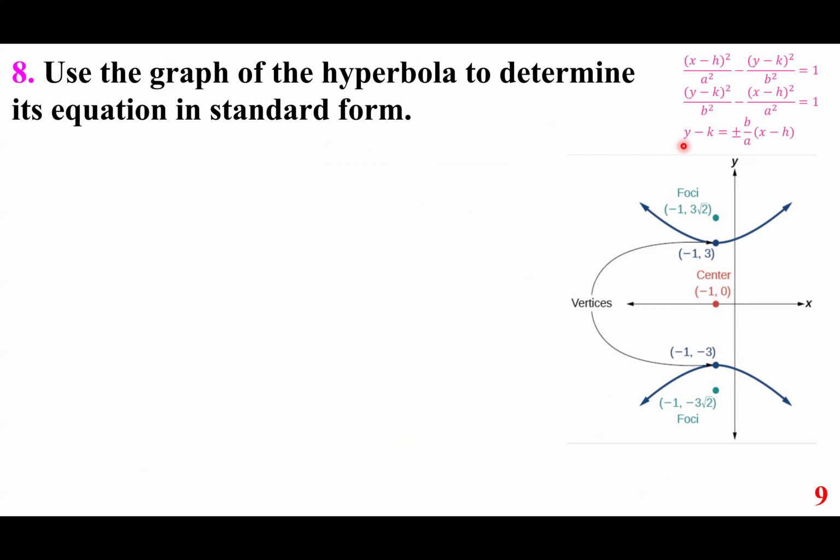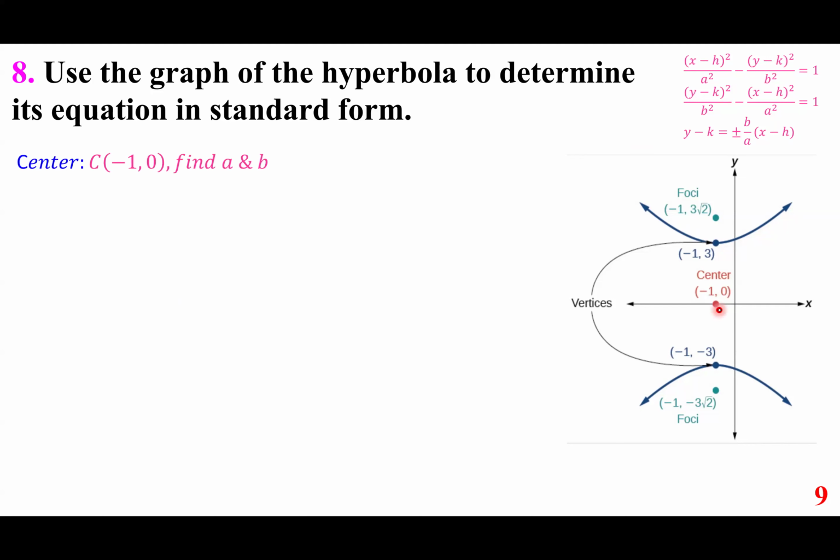Use the graph of the hyperbola to determine its equation in standard form. A couple of things you want to notice: the hyperbola opens up and down, so ultimately it follows this format. Where's the center? Negative 1, 0.